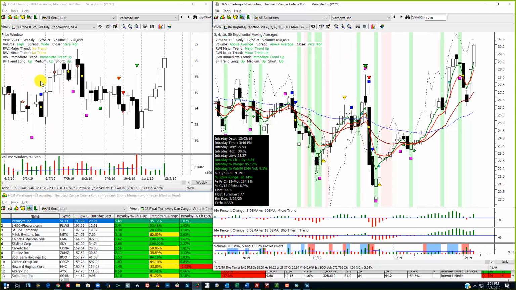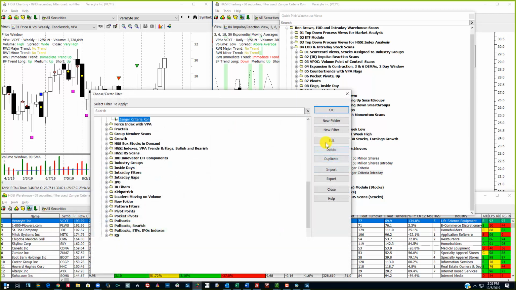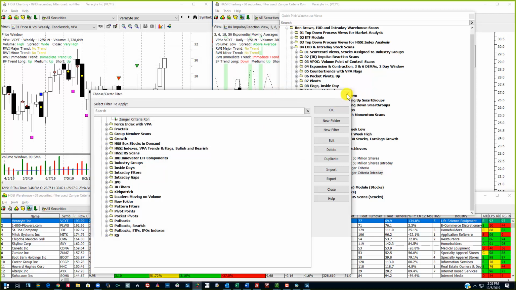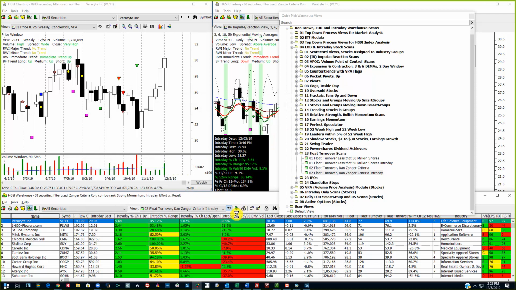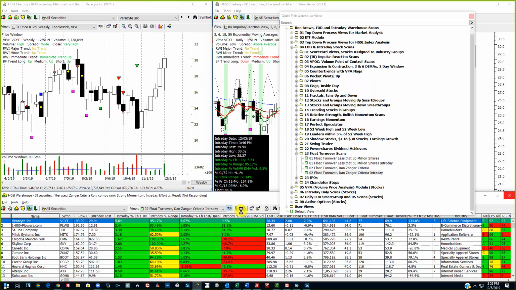I'm not crazy about this weekly chart. It's kind of all over the place. But this information, let me check something here. Bear with me. Something's wrong here. Did I not get the filter applied? I may have discovered an error.